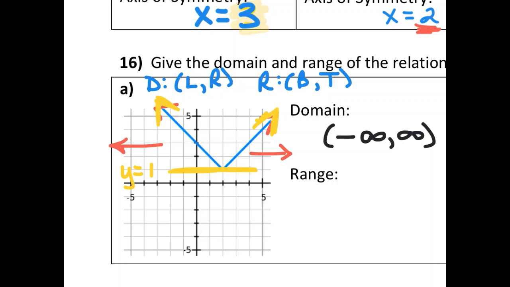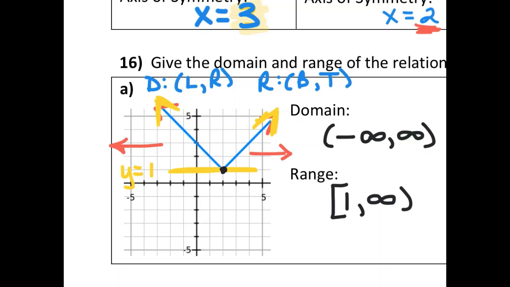And so for your range, you want to start at y equals 1 and go up to infinity. Now, infinity will always have the round parentheses, but the 1 right here, that y equals 1, there is a point, the vertex, and it has the y value 1, so the y value 1 is a part of that graph, it's included, and so we're going to use the square bracket to indicate a point that's included in the range.